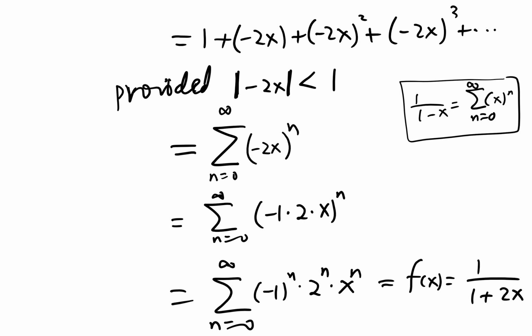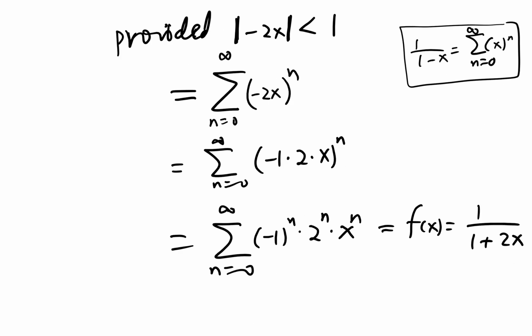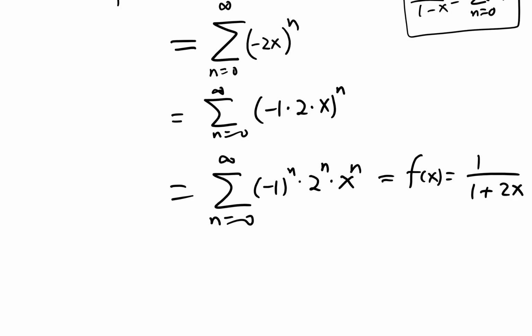The example has another part. The second part is to find the interval of convergence, right? So we know that the geometric series converges, like you get a sum, if the absolute value of r is less than 1. Right, you can find the sum.